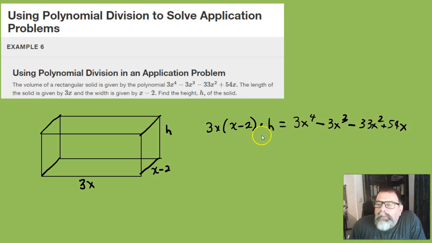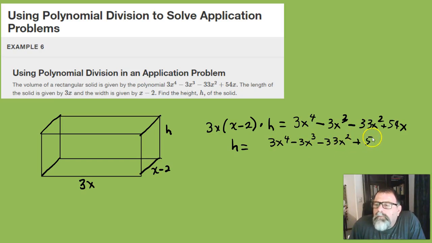So find h. So basically we need to divide both sides by this 3x, x minus 2, and that'll get us h by itself. So h is 3x to the 4th minus 3x cubed minus 33x squared plus 54x divided by 3x, x minus 2.